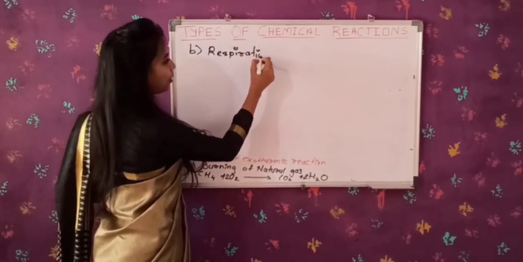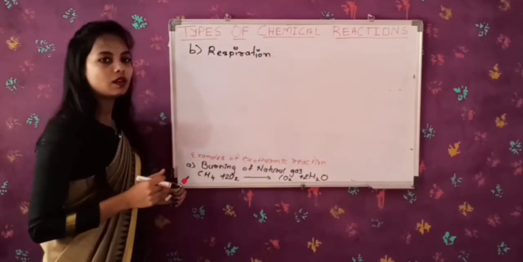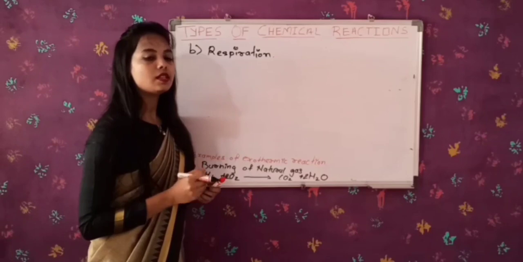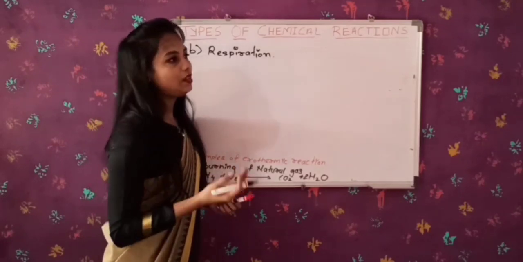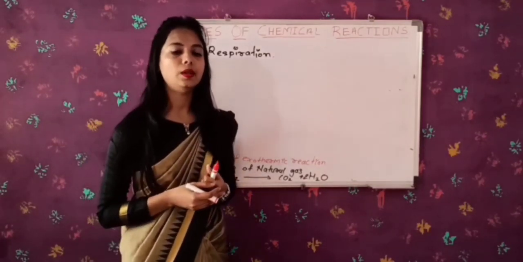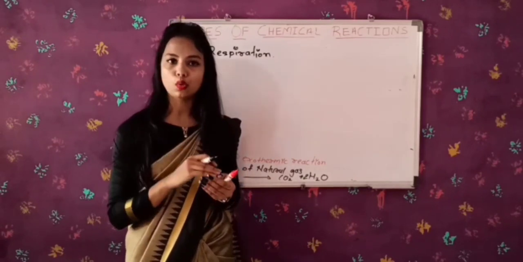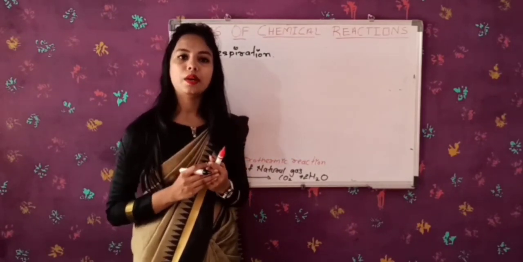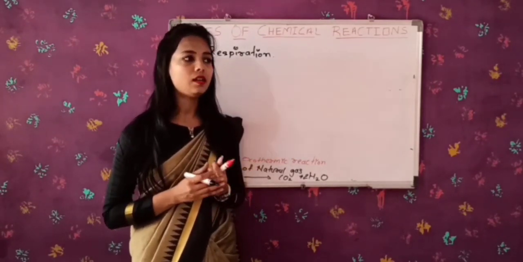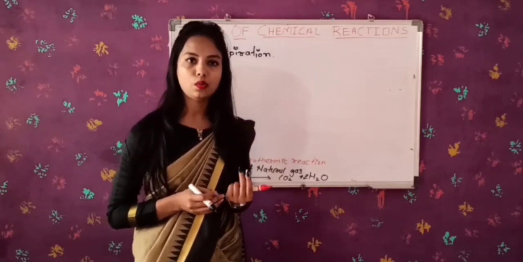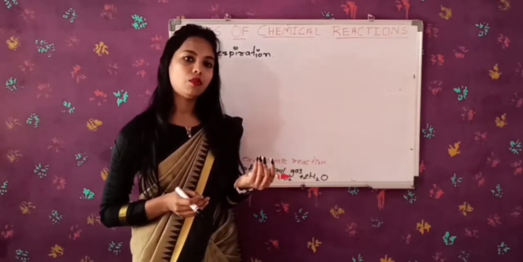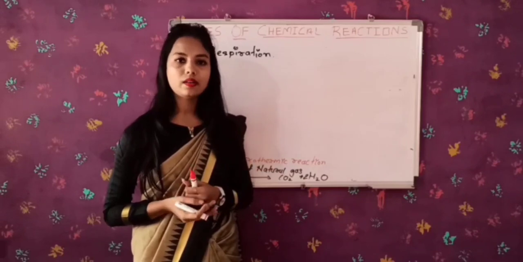Now let us see another example of this exothermic reaction. Respiration. Okay, we know this process very well. In the respiration process, we inhale oxygen. So while the oxygen is inhaled in the body, it will then react with the glucose. And how glucose is obtained in our body? When we eat food like potato, rice. So here from this substance, the carbohydrates are obtained.